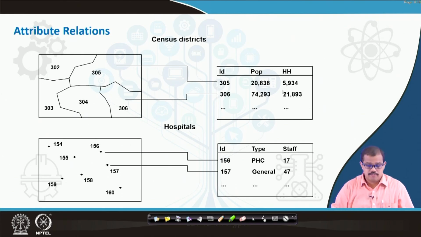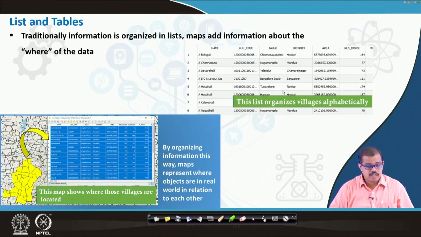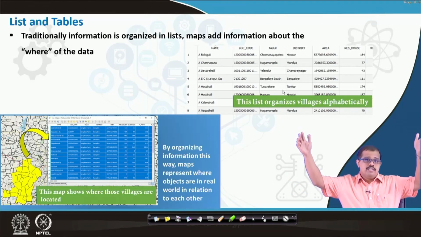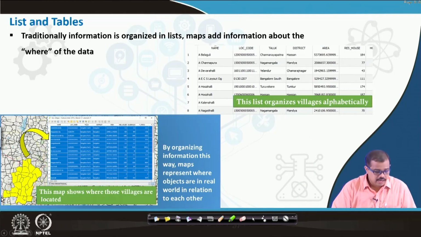So it gives you more and more of the information that is necessary. This data can be stored in the form of a list and a table. When I say list, an attribute data is always saved as an entire database. If you look here, I have some of the districts. These are taluks, these are districts, then you have geographic area, then you have number of households.